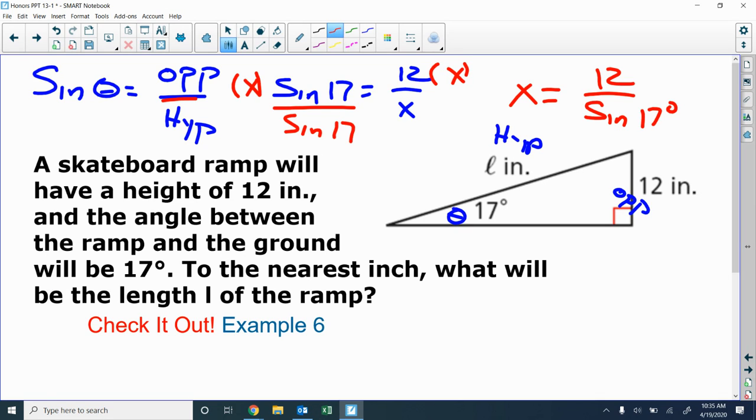Again, make sure you're in degree mode. And grab my calculator, 12 divided by sine of 17. And I'm getting that ramp at 41. And this is in inches. So this ramp here is 41 inches.